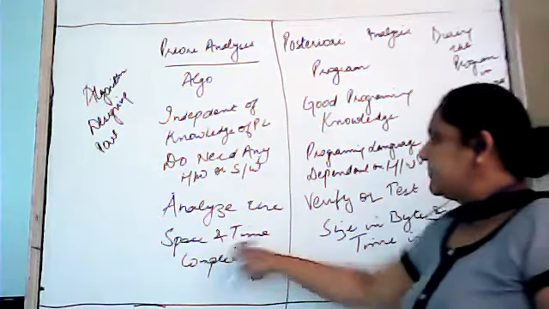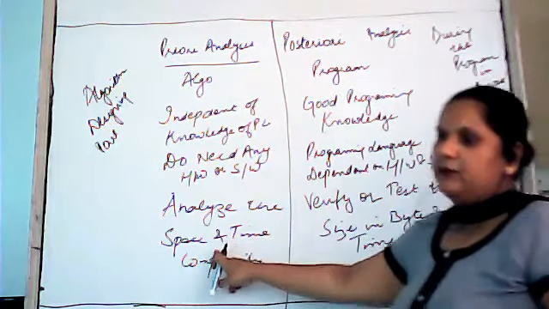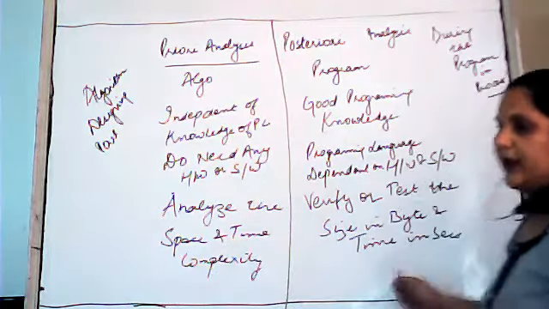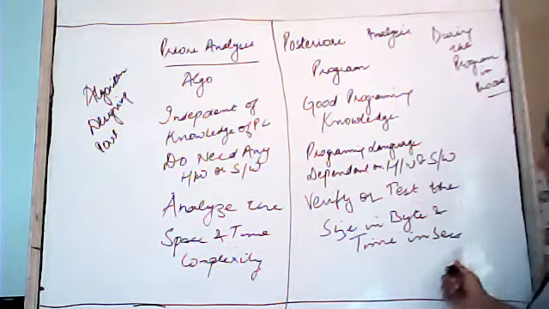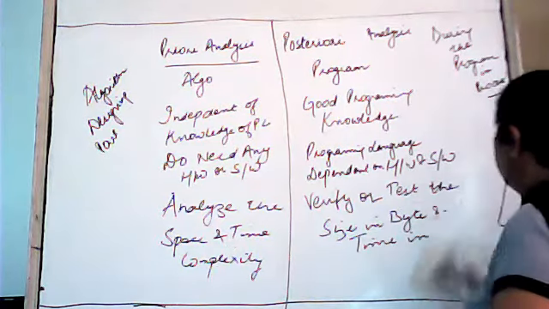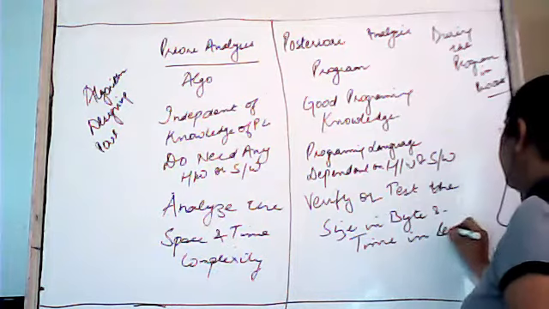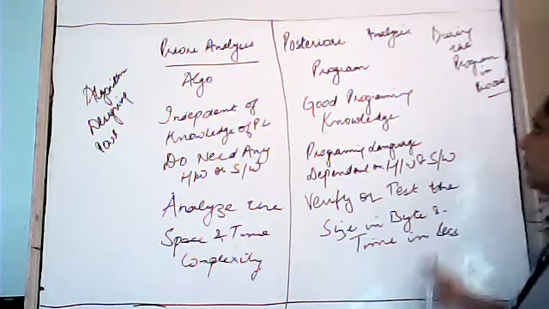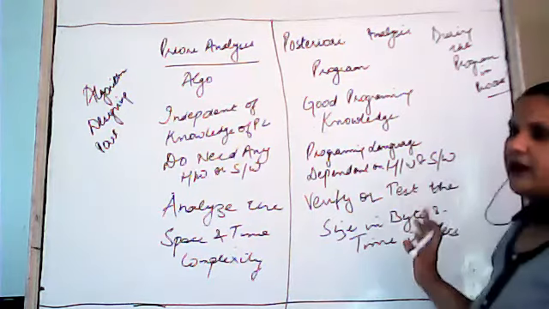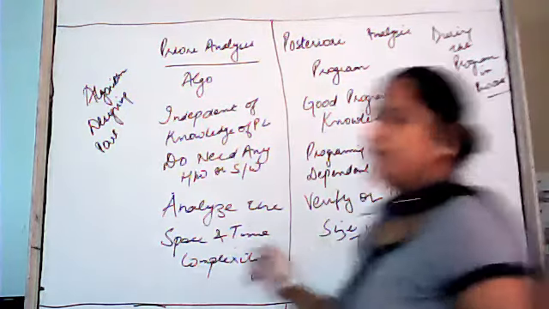Here I am analyzing the space and time. Definitely the space will be in bytes and time will be in seconds. Here I am going to verify or test the size in bytes and time in seconds or milliseconds, whatever would be the output, right? So this is how you will perform the posterior analysis and prior analysis. Okay.